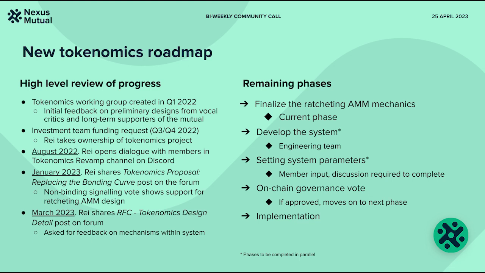It's a very important project for the mutual to be able to have capital flow in and out to allow people to leave if they would like to, but essentially create a way for us to onboard more capital over time and allow people to move in and out of the capital pool. So that's just a high level of the roadmap for the new tokenomics project. I'm happy to take any questions before I move on to the foundation update, if anybody has any.